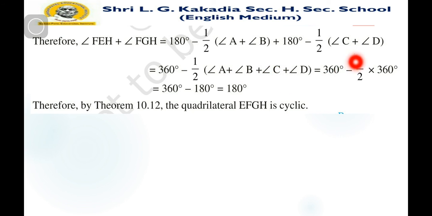So 360 minus 1 by 2 into 360, so we get 180 degrees. By this, by theorem 10.12, the quadrilateral EFGH is cyclic.